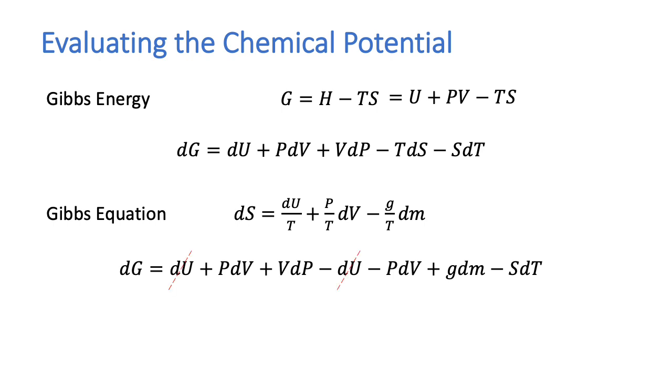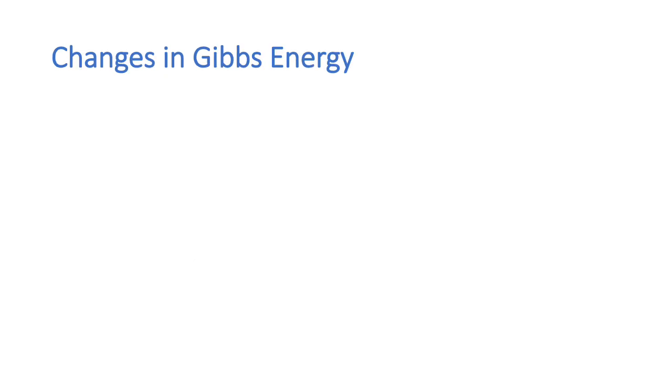So dU cancels out, P dV cancels out. We get dG is equal to g dm plus V dP minus S dT. So this gives us the change in Gibbs energy, dG, is then equal to g dm plus V dP minus S dT.